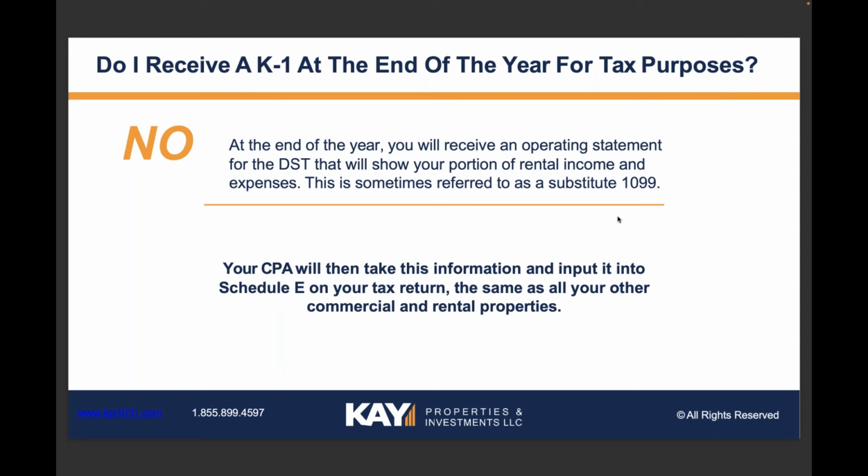And then that's what you're going to take to your CPA, and he or she will input it on the Schedule E on your tax return, which is the same as all of your other commercial and rental properties. So for your CPA and tax preparer, it's going to be the exact same way that you're reporting your rental properties and investment properties on your tax return through Schedule E. So no K-1 with a Delaware Statutory Trust.